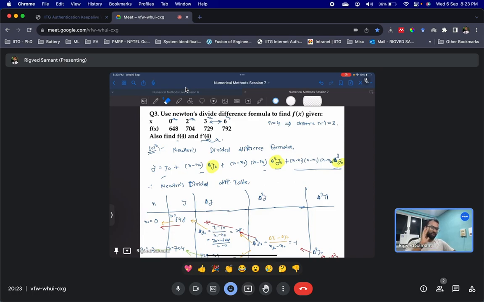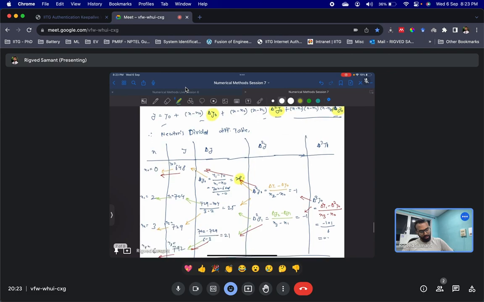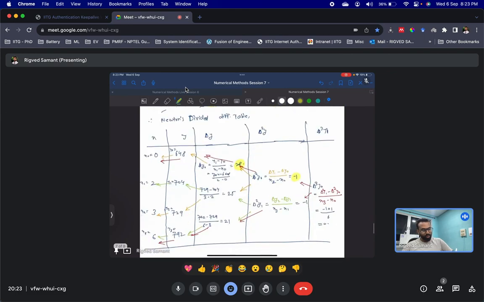So first we'll find the normal function, then you will take a derivative of it, and then you will put the 4 at each point. Then x minus x0, x0 is 0, delta y naught is here, then delta square y naught is here, and delta cube y naught is here.